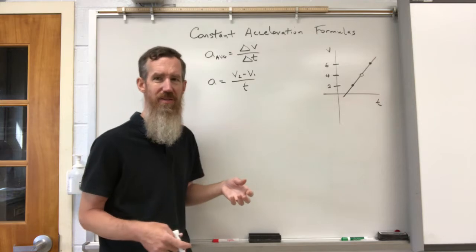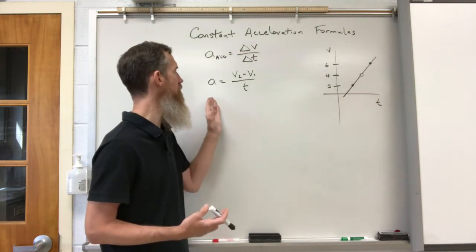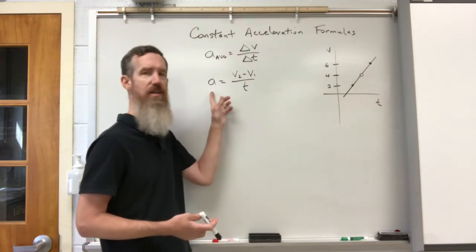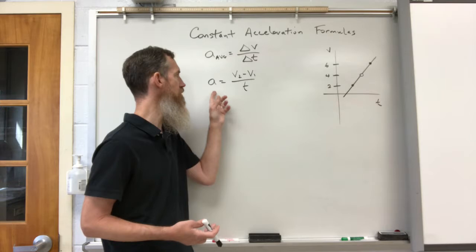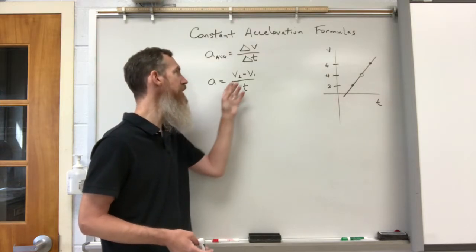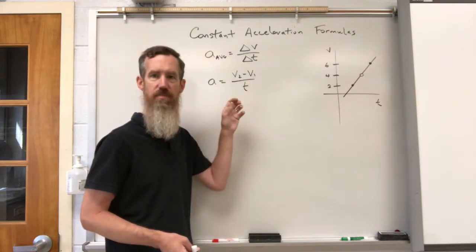And what we can do is write our average acceleration equation in more of a shorthand, because if we understand the average acceleration is now constant, well, then that acceleration is always going to be the same value. So I'm just going to call it a, acceleration. And of course, change in velocity is final minus initial.